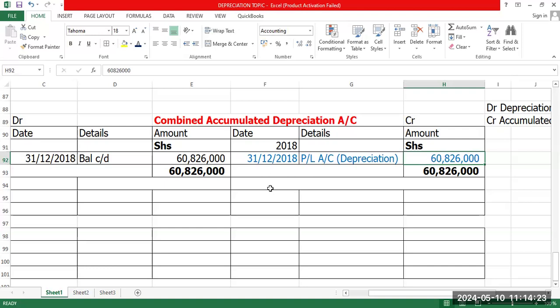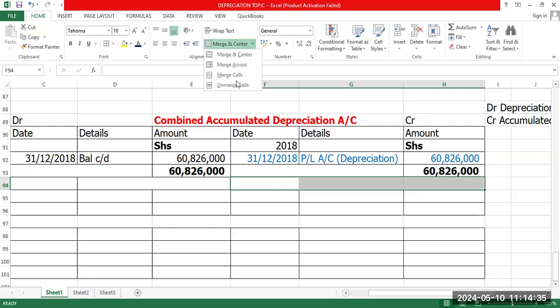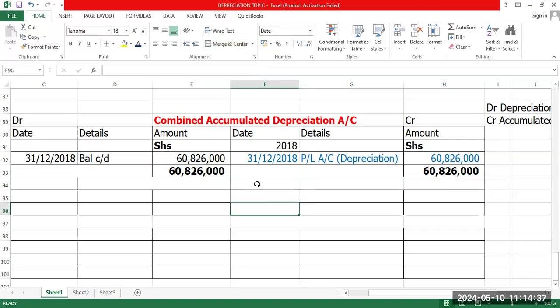So what will happen is when you're starting another year of income, on which date? 1st January 2019.